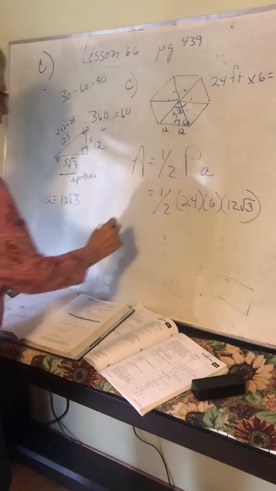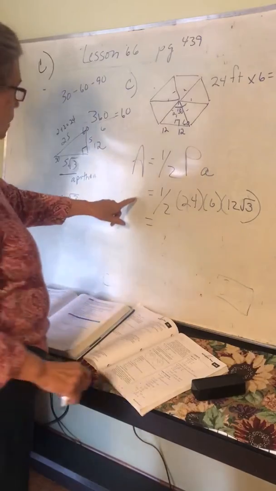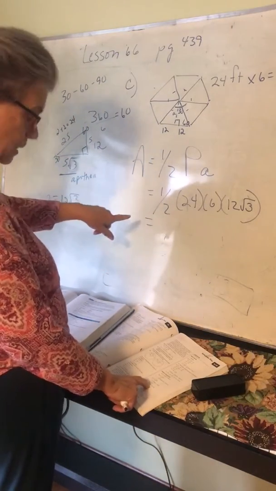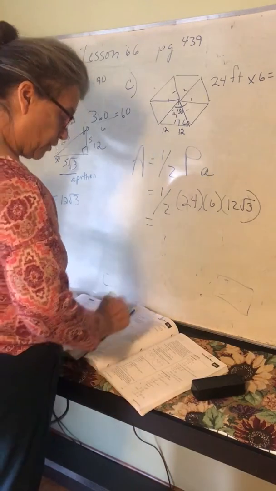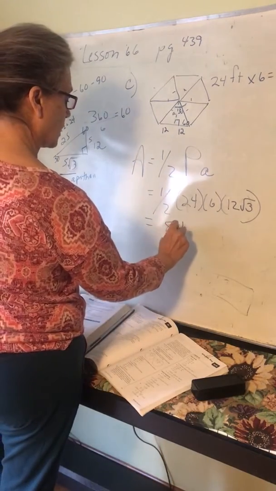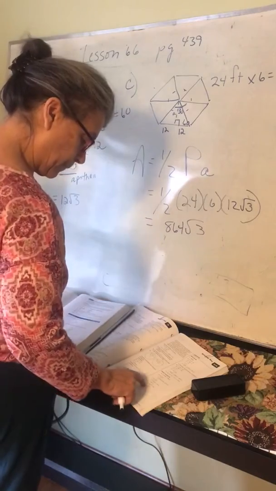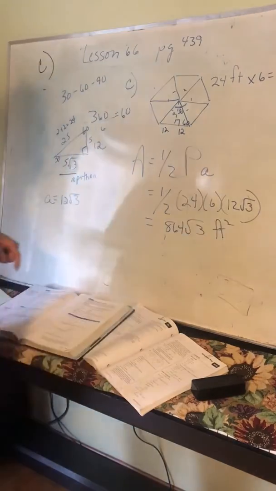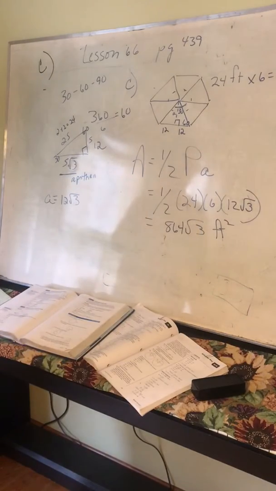And that makes the answer. For C, the answer is 864, and they just left it square root of 3. And we are looking at square feet, or feet squared. That's the answer to C.